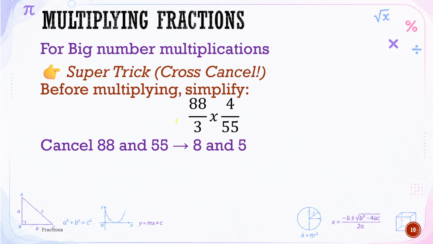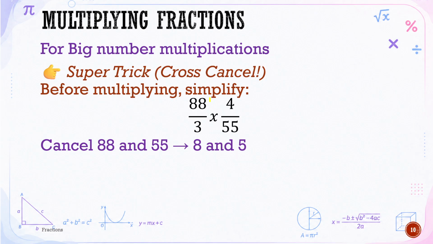What we would do is use the method of cross cancelling. What it means is we would identify if there are numbers which can be divided by a common factor. For 88 and 55, I can easily cross cancel these by dividing by 11.